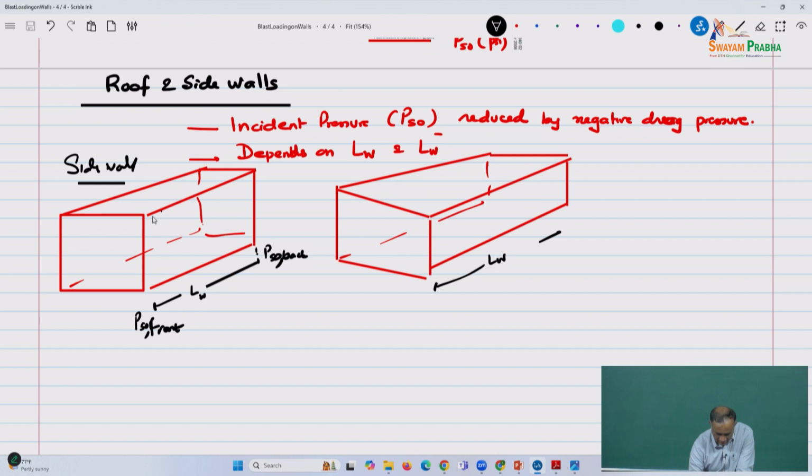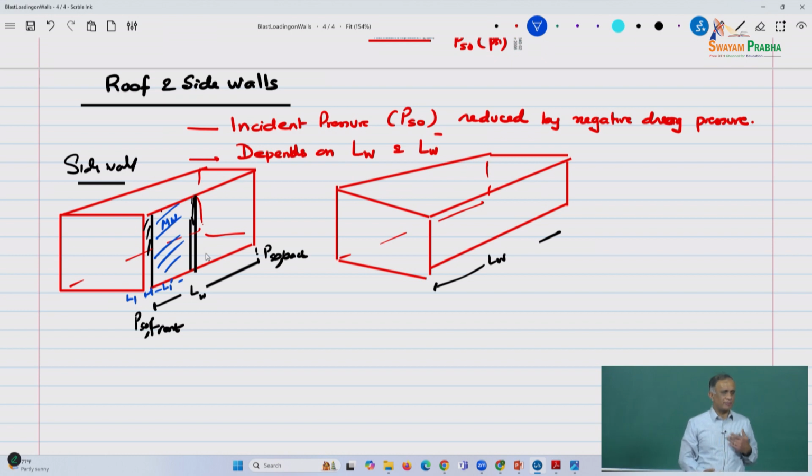If you have a column, for example, and then there's another column, and in between you have a masonry wall. Let's say this is L1, this is L1 prime.